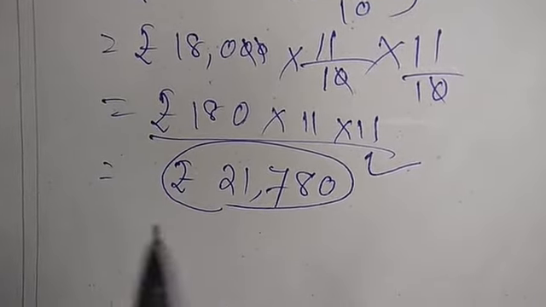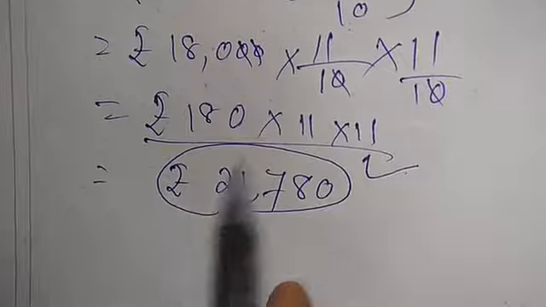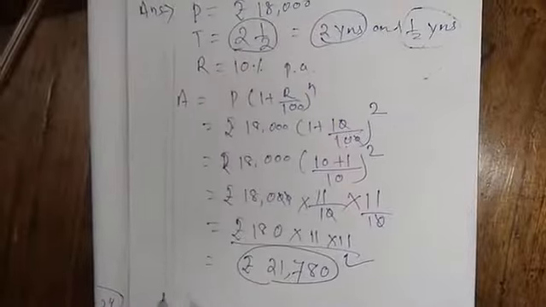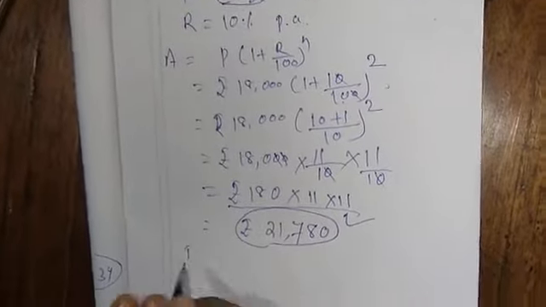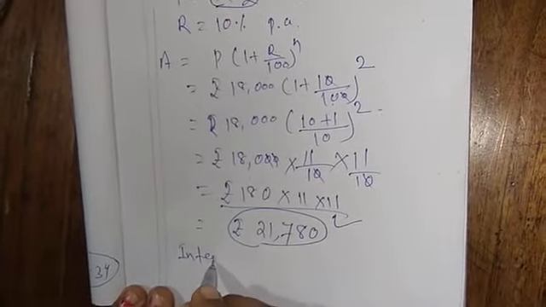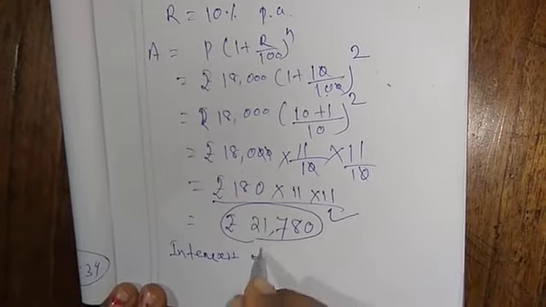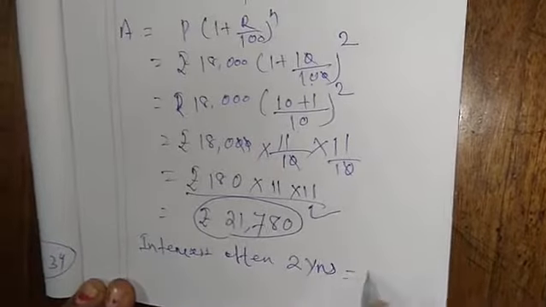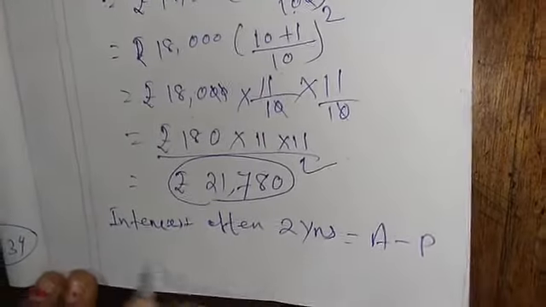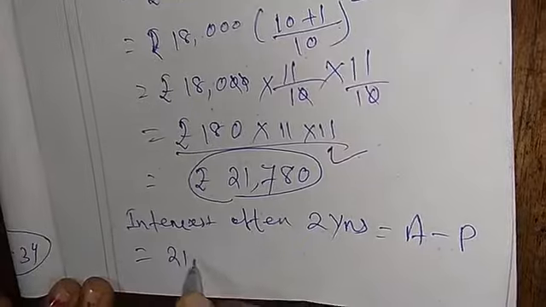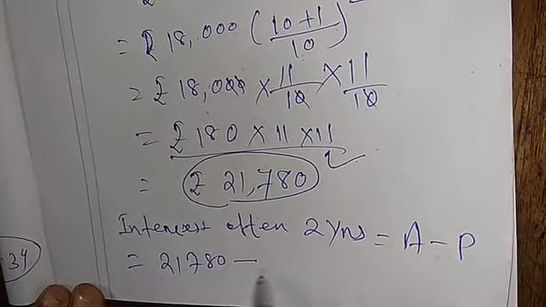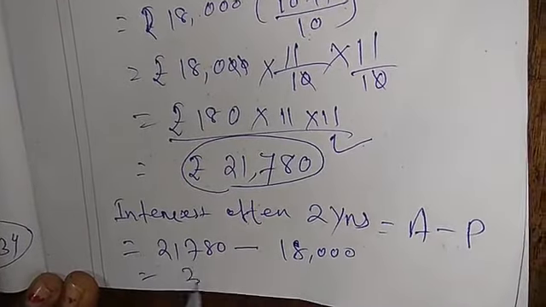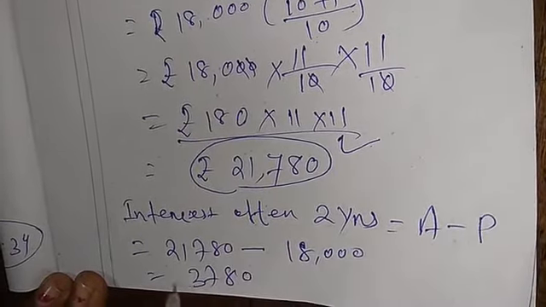Again we find the simple interest of the half year. So interest after 2 years equals amount minus P, equals 21,780 minus principal 18,000, which is 3,780.